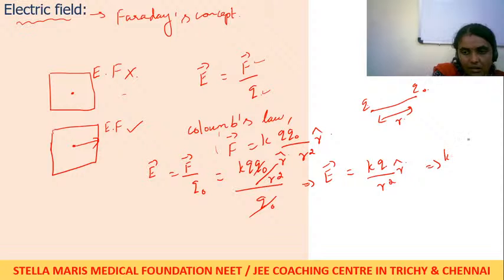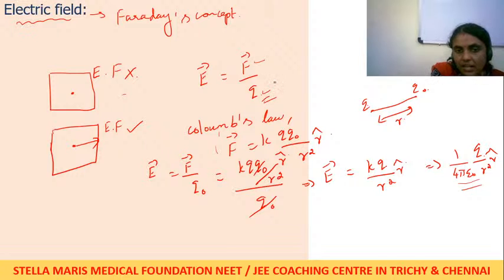Instead of k, we can substitute 1 by 4 pi epsilon naught, so E equals 1 by 4 pi epsilon naught q divided by r squared into r cap. Did you understand? So this will be the electric field formula. This is the basic formula.